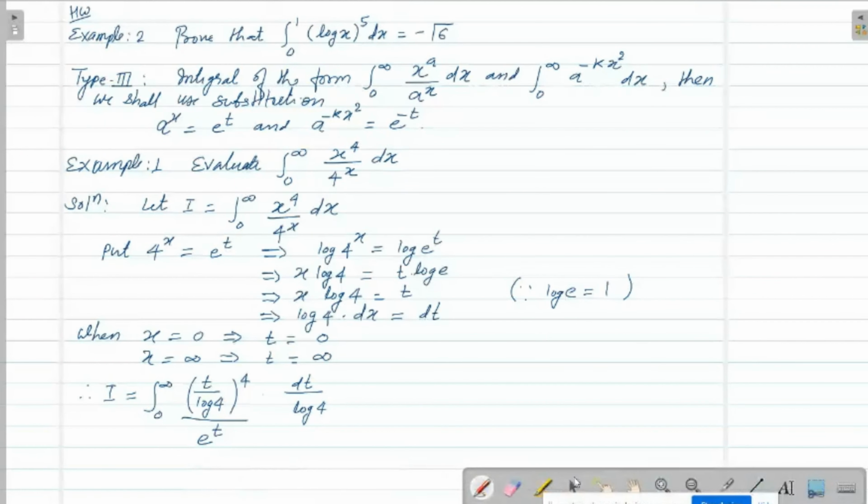Okay. Have you understood this step? Yes or no? Yes, sir. So let us simplify here.